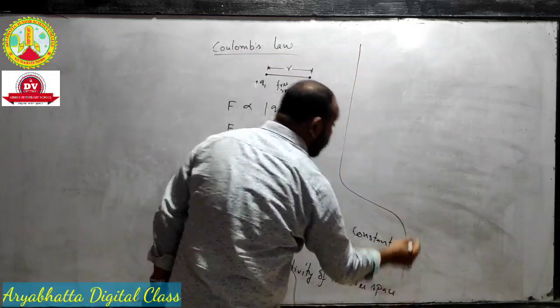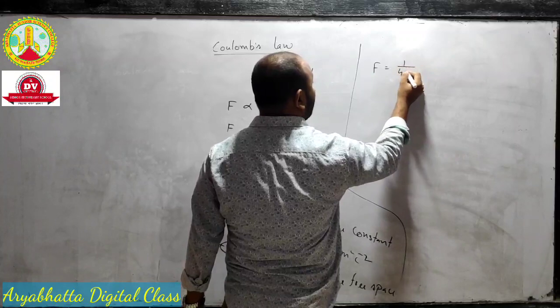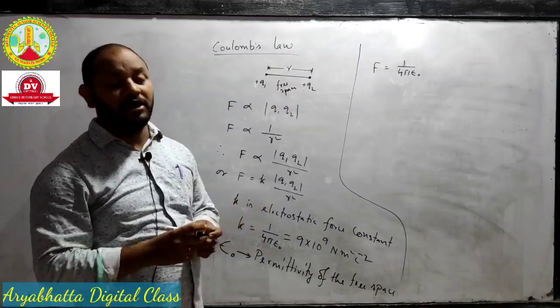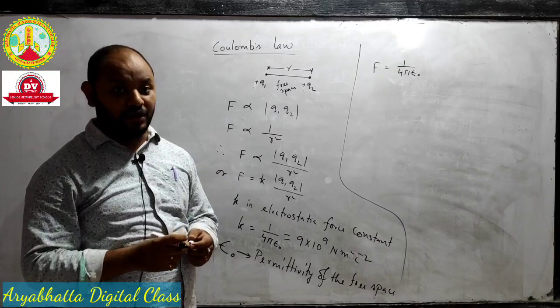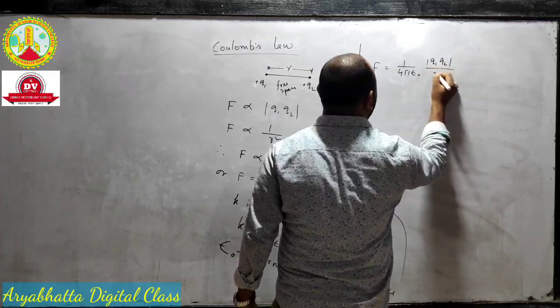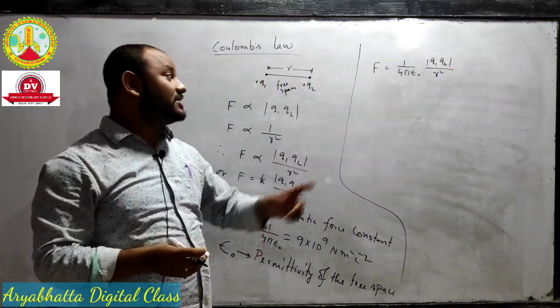Therefore, Coulomb's law becomes F is equal to 1 by 4 pi epsilon naught. In place of K, we can write 1 by 4 pi epsilon naught, Q1 Q2 divided by R square. So this is Coulomb's law in the SI system.